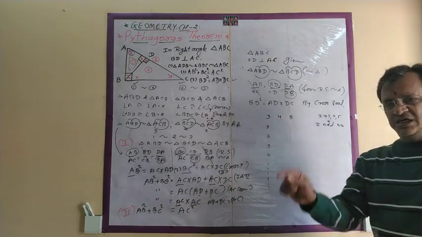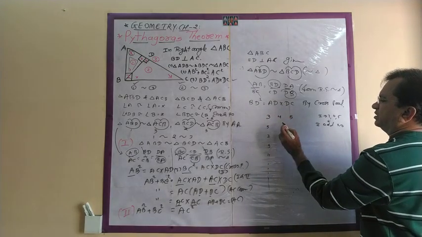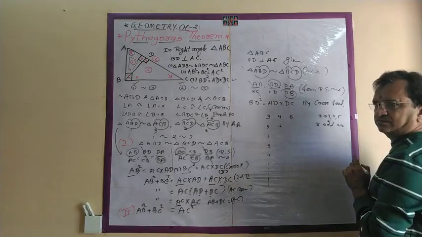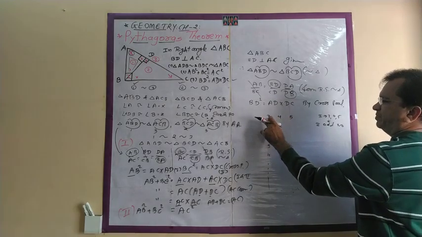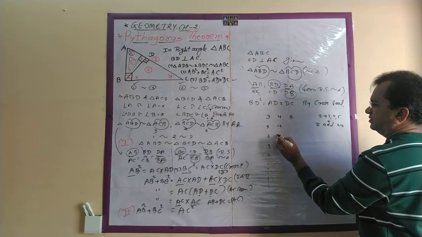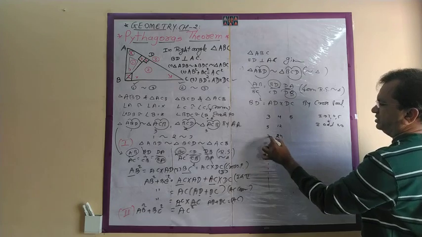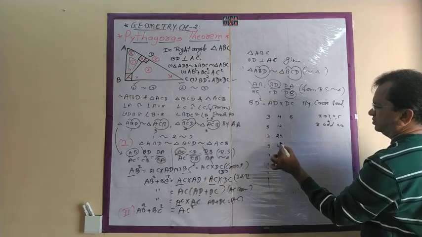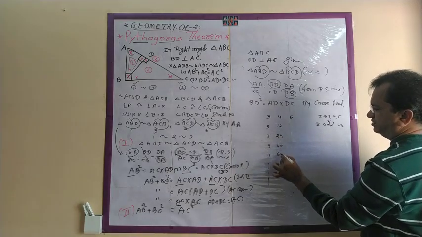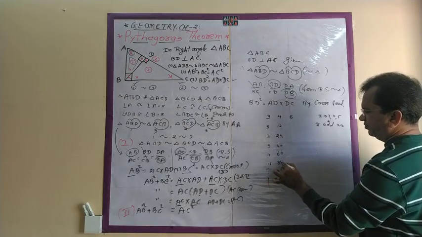Now, in a C shape, 1 plus 2 plus 3, how much? 4 plus 3 plus 5, 12. 12 plus 5 plus 7. This plus this plus this, how much? If it is 13, it is 84.